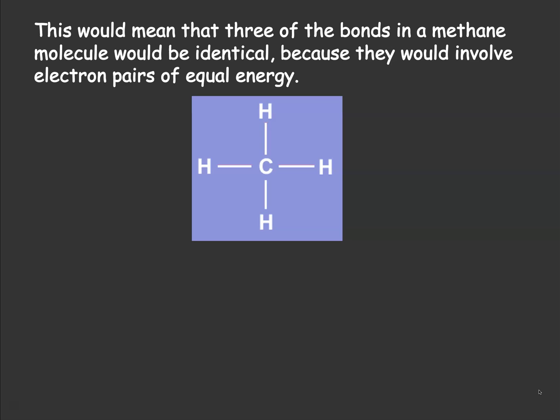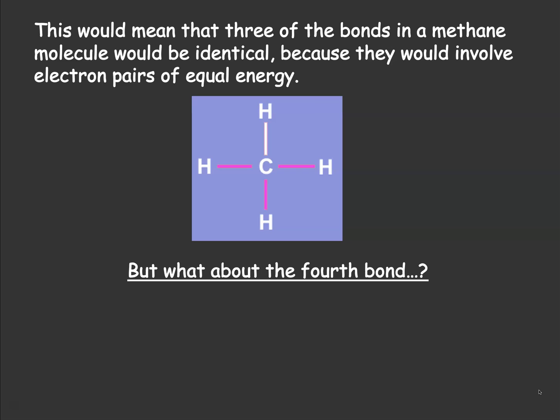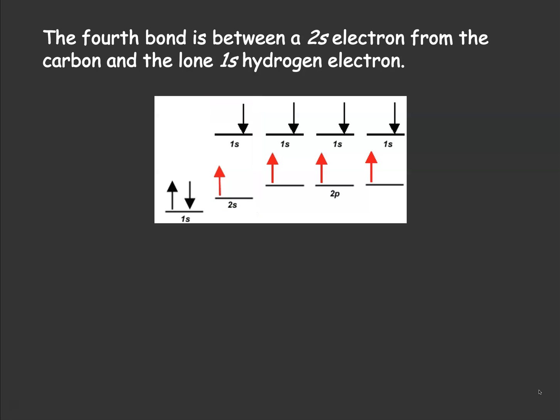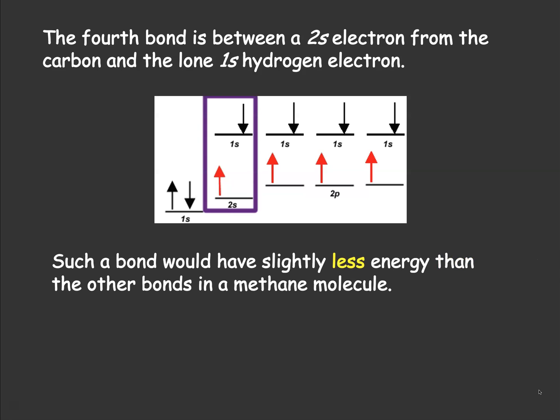But again, we know carbon has 4 equal identical bonds. So what about this fourth bond? Why is it different? What's going on with it? Well, if we look back to the orbital diagram, the fourth bond is between the 2s electron of carbon and the 1s of hydrogen. 2s from carbon is not the same location or energy as a 2p from carbon. So this bond would be slightly less energy and different in its length due to where these electrons are located.